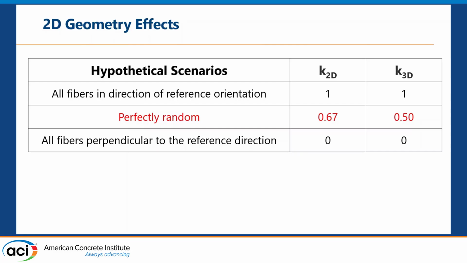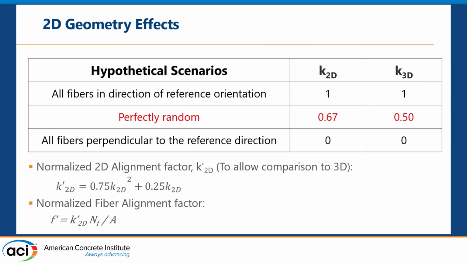Both K equal to 1. We look at a situation where all the fibers are perfectly random. Then we saw a difference between 2D and 3D. And then on the other scenario, where all the fibers are perpendicular to the reference direction, the contribution of the fiber is 0, right, in both cases. So in the middle case here, we saw a difference.